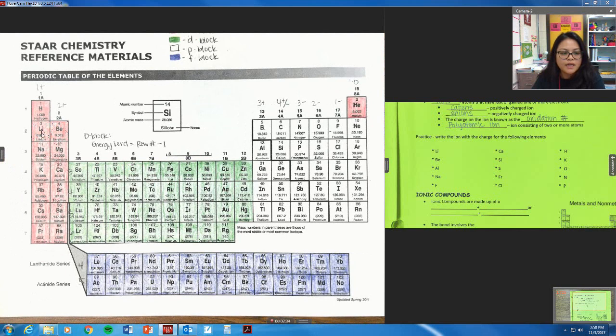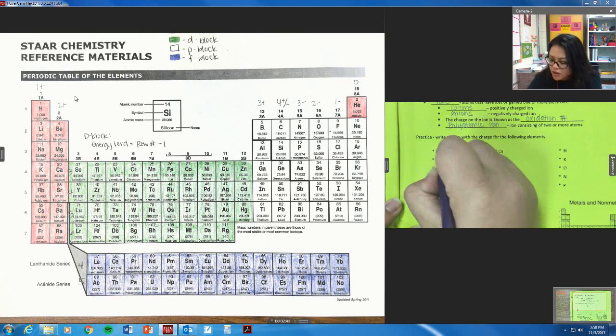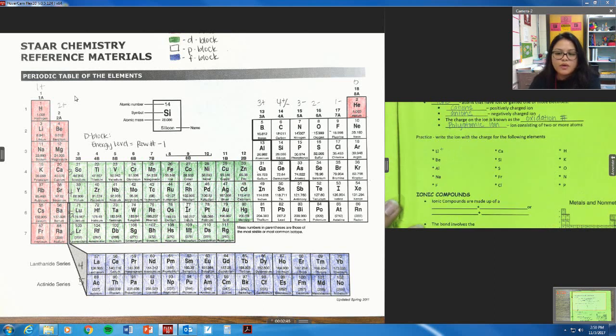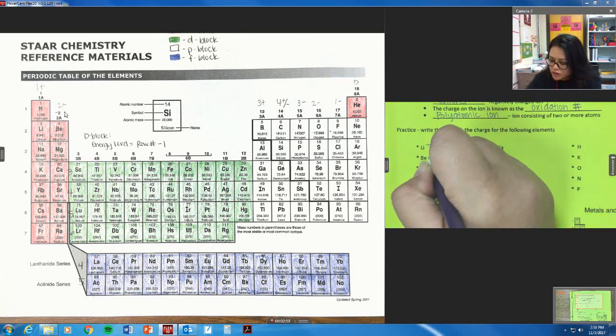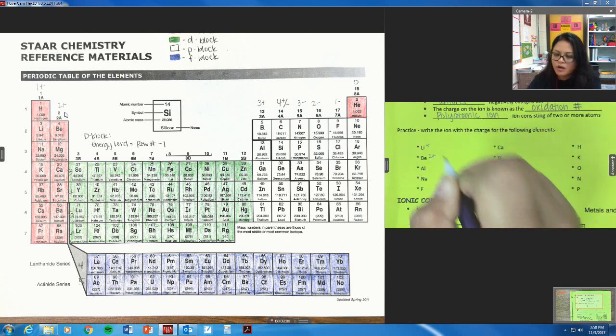Lithium is right here, and that is under group 1, so its oxidation number is +1. So our charge for lithium is going to be positive. Beryllium is in group 2A, so its oxidation number is going to be a +2. So a charge of 2 positive.